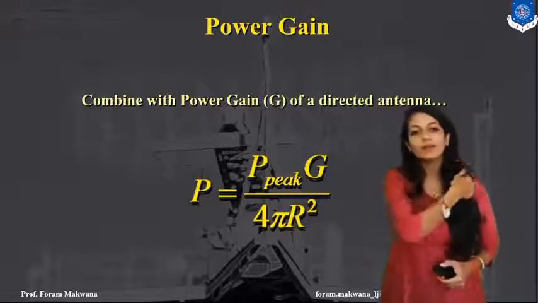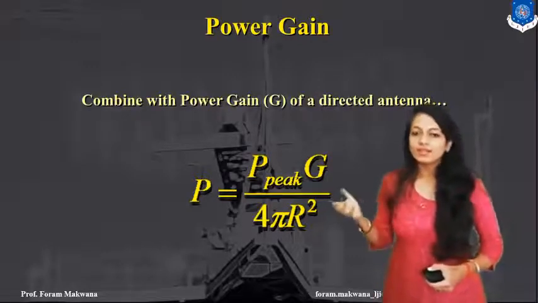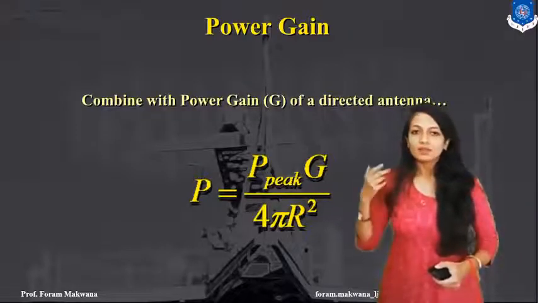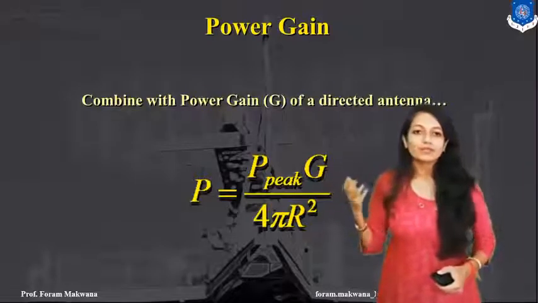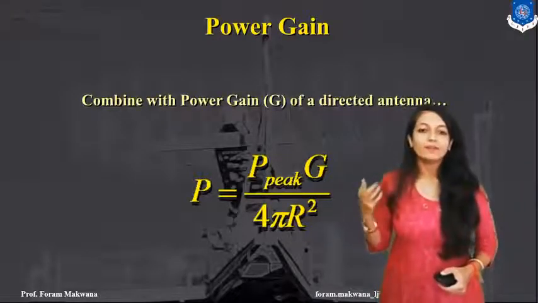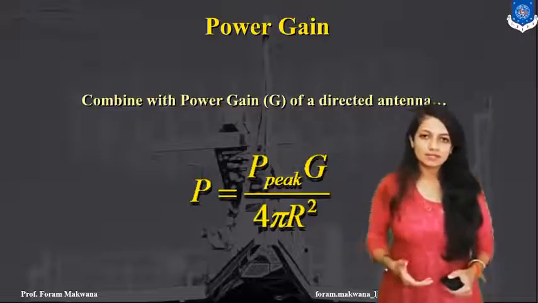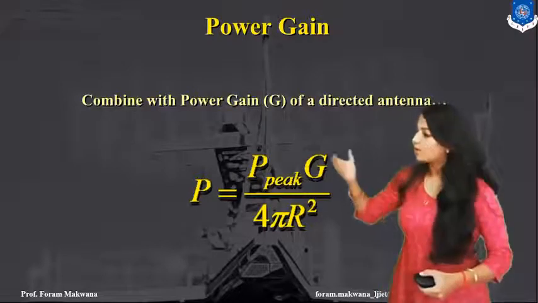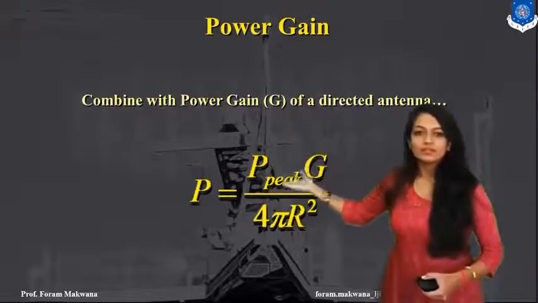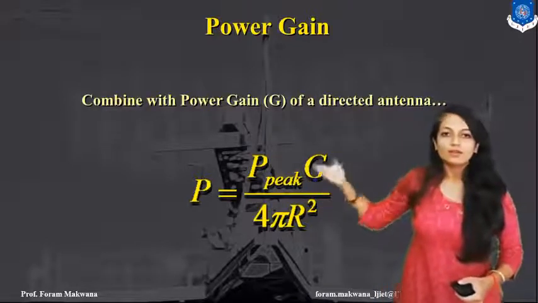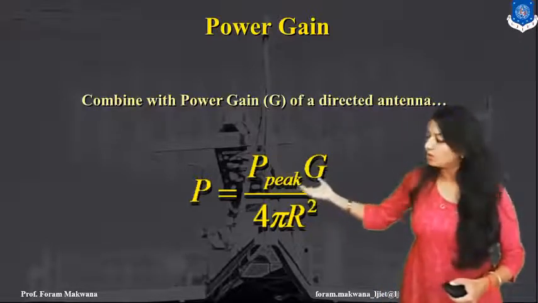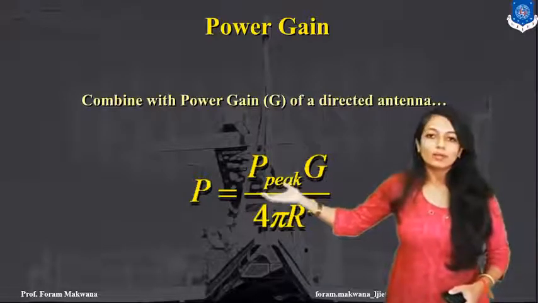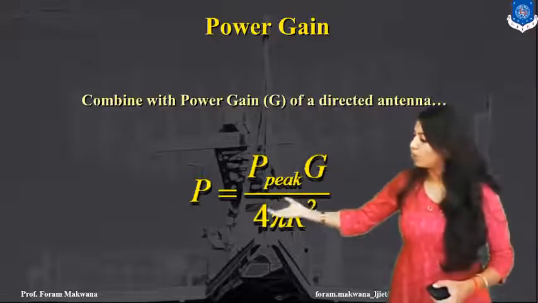Now what do we mean by power gain? The power gain is nothing but the gain of the actual system. If my antenna is going to transmit power having a peak value up to a certain distance, then the power at a specific distance is P equals P peak into the power gain divided by 4 pi R square.